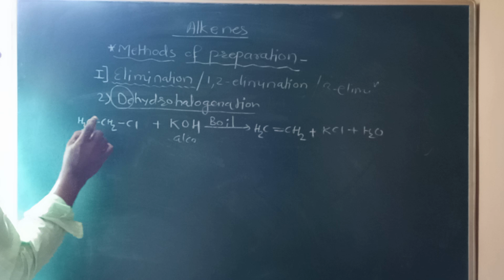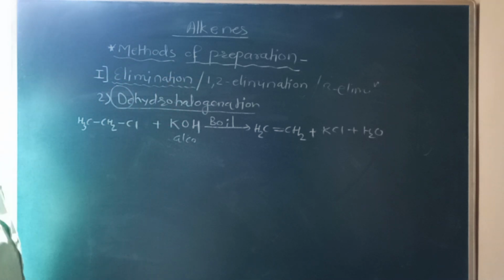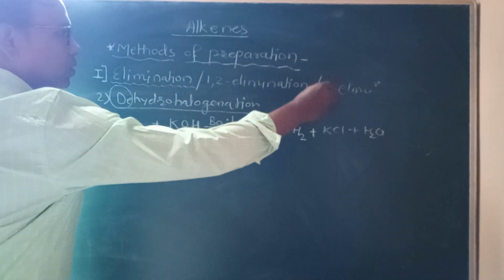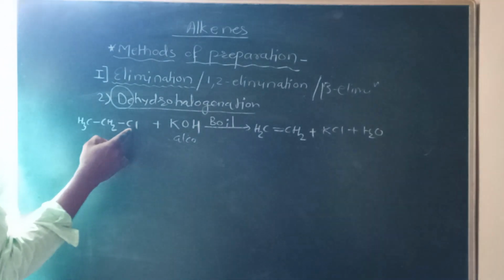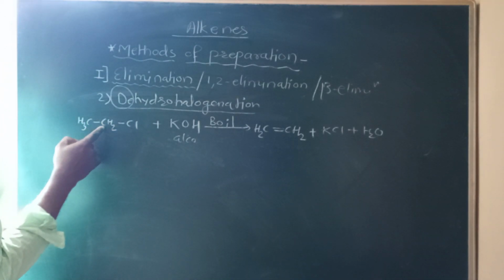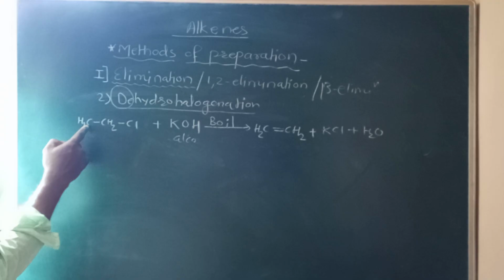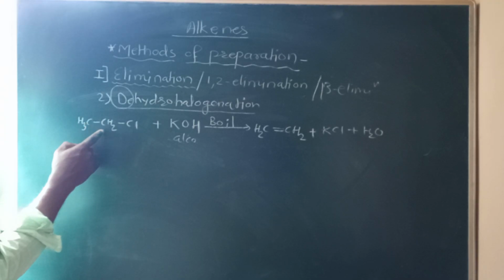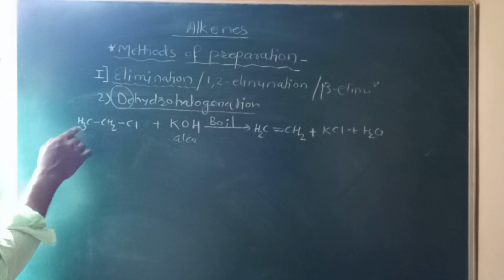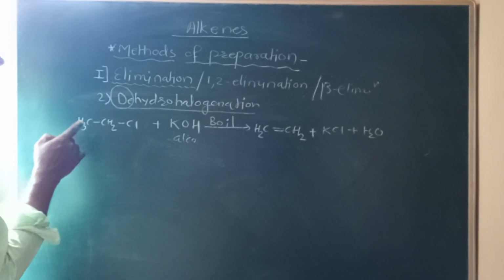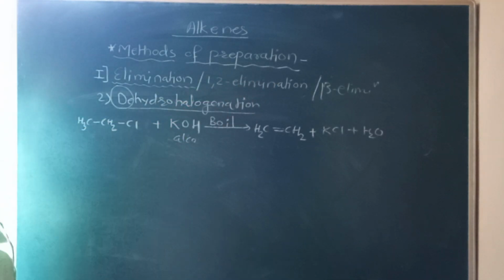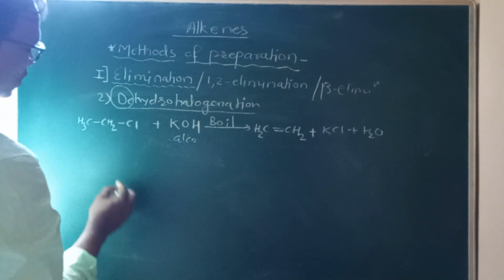So it's a 1,2 elimination reaction, also called beta elimination reaction, because with respect to the carbon carrying the functional group, the adjacent carbon is the beta carbon. So hydrogen gets lost from the beta carbon. That's why it is also called beta elimination reaction. Okay, good.